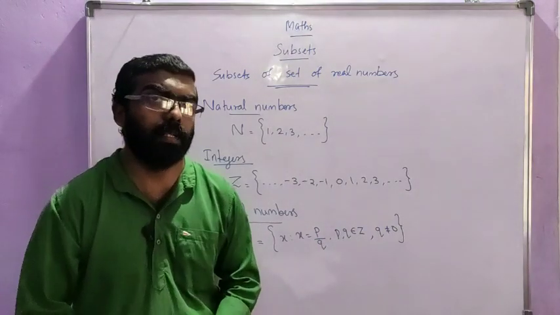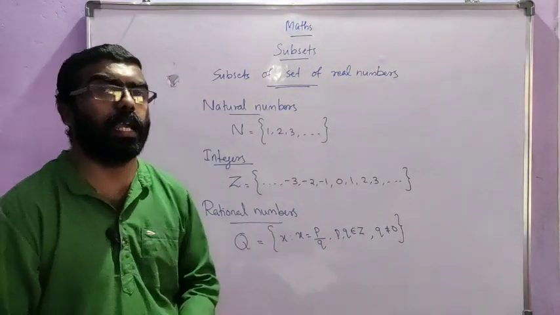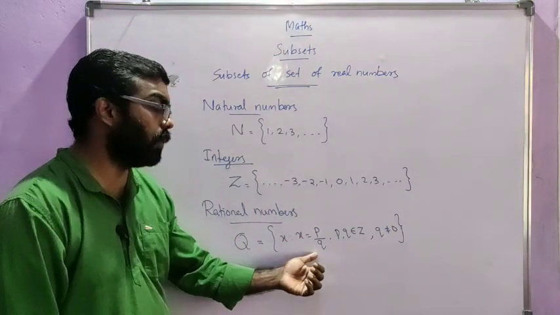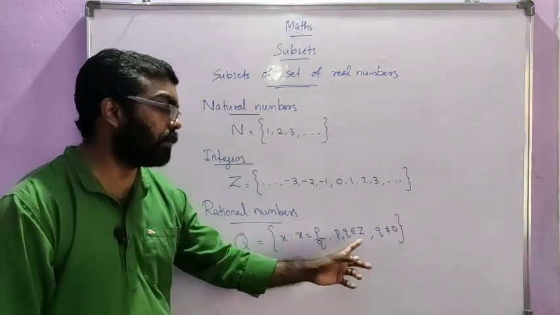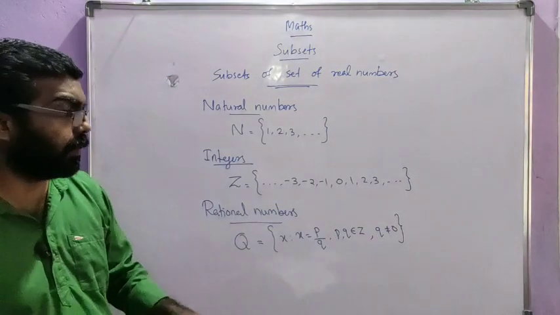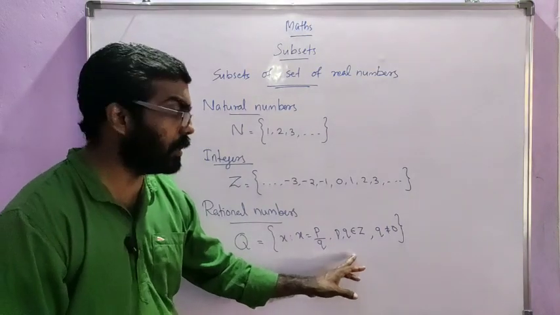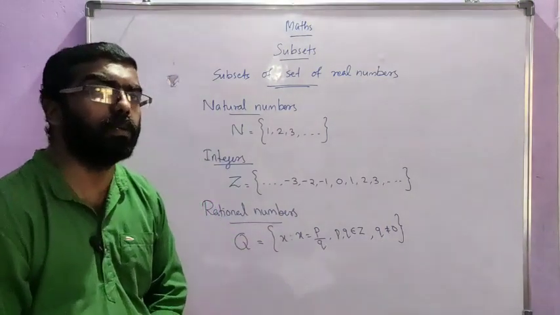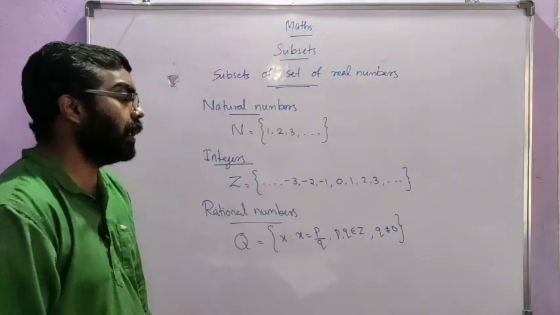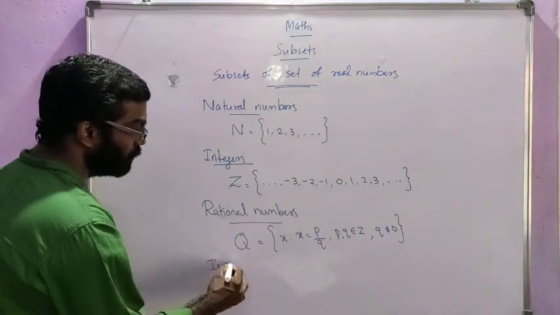All of you are familiar with the definition of rational numbers. Rational numbers are the numbers which can be written in the form p by q, q not equal to 0, where p and q are integers. We write it in set builder form as x such that x is equal to p by q, p, q are integers and q not equal to 0. Then another one is irrational numbers.